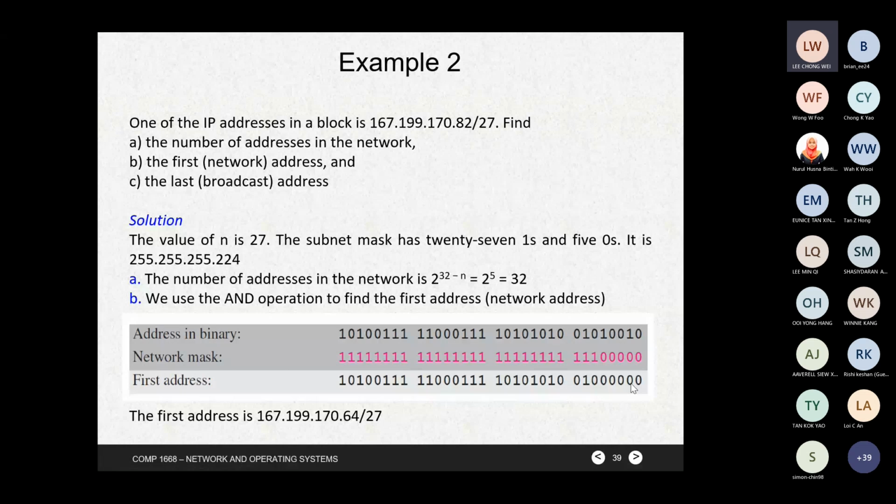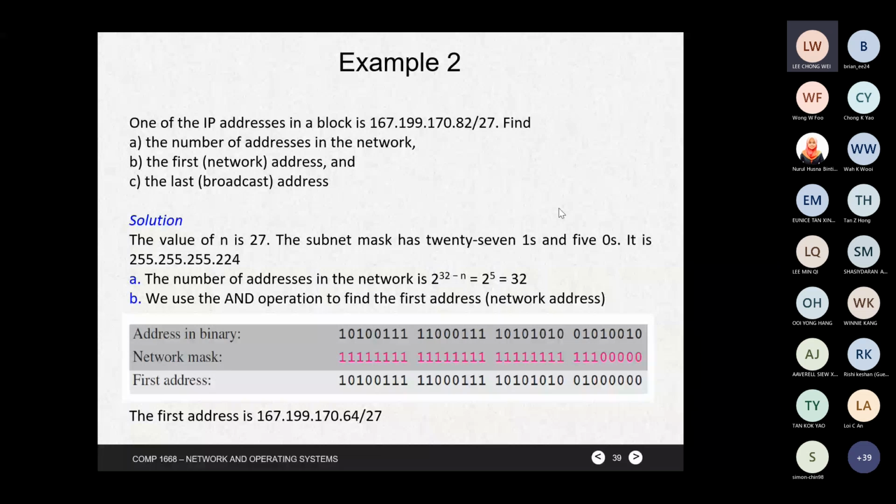So that's why I say the subnet or the new address calculation can be very complicated, not as easy as we see. It has its own mechanism to calculate. That's the reason why you have IP address and subnet mask. Okay, there are more examples which I'm not going to discuss here.